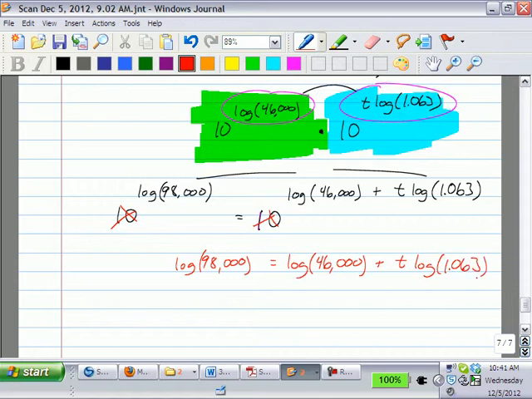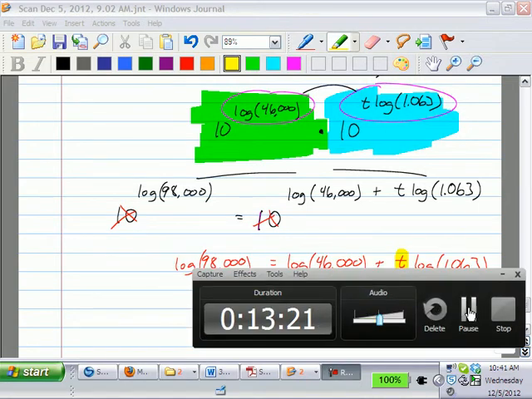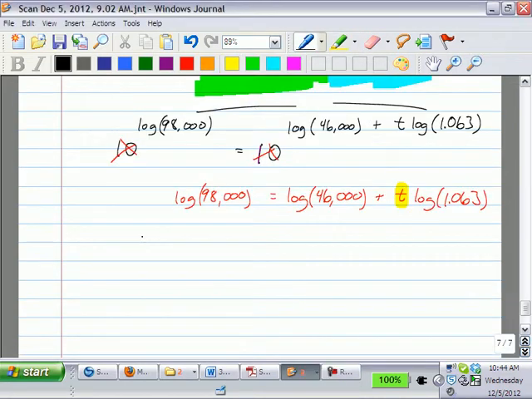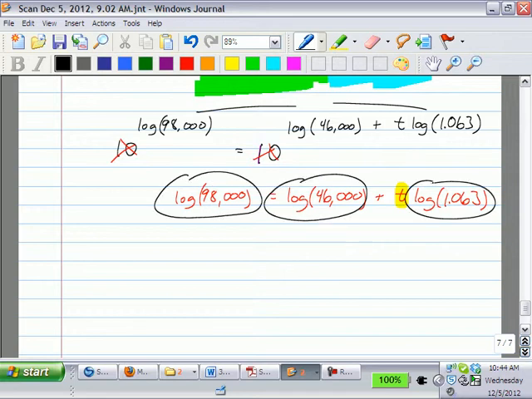Okay, you and your neighbor real quick. See if you can agree on how you would isolate t at this point. How would you get t by itself? I'll pause this real quick. If you're going to isolate t, this is just a decimal, this is just a decimal, this is just some decimal. I'm going to subtract log 46,000 from both sides.